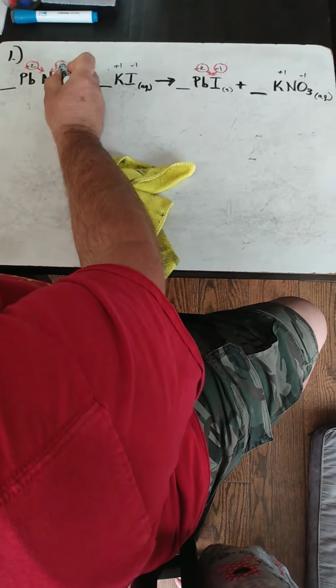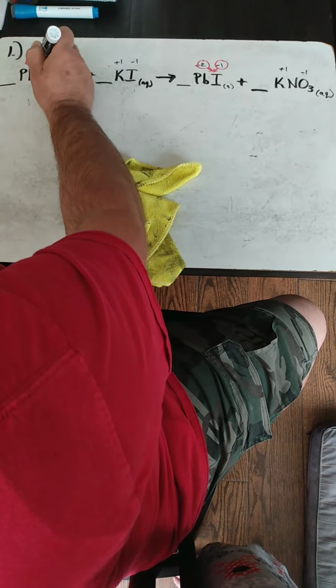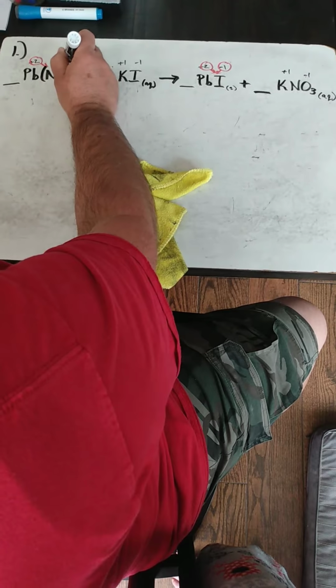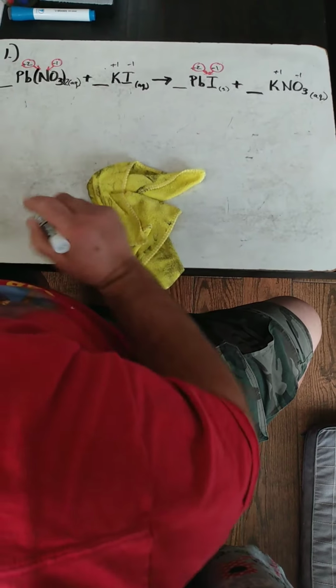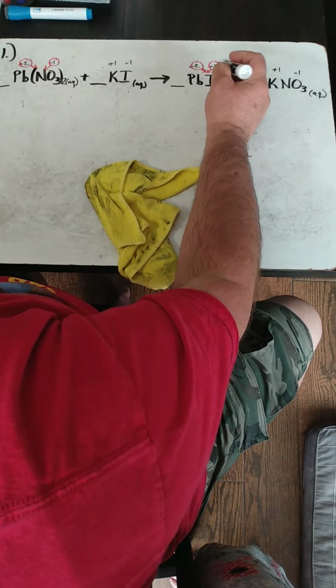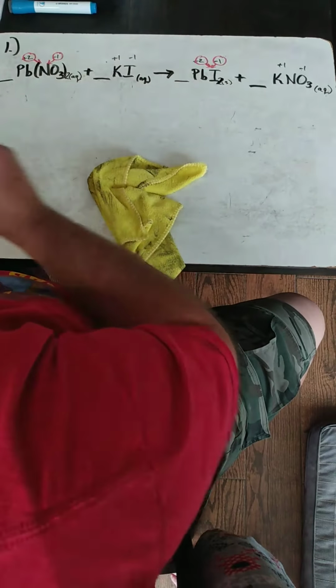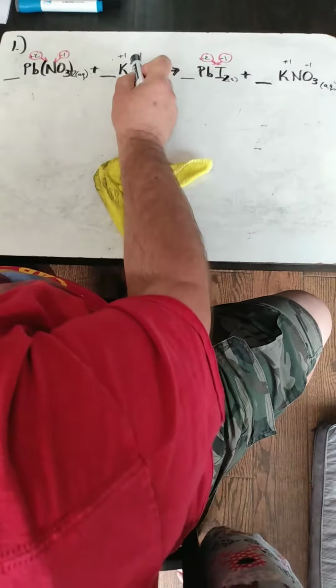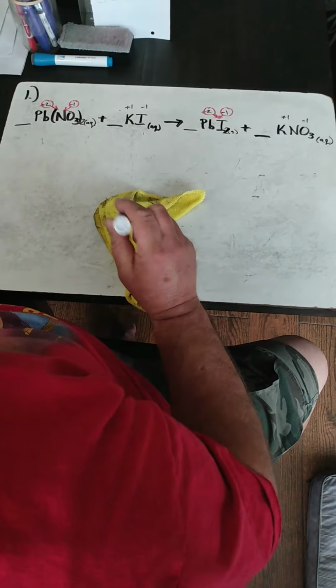So lead is going to have a 1. I'm not going to worry about that, but the nitrate's going to have a 2. So because of that, I need to put this in parentheses and put the little 2 out there. Okay, same thing over here. I'm not going to worry about the lead. The nitrate, I need to put a 2. Okay, and of course, if I crisscross 1 and 1, no big deal. The formula stays the same.